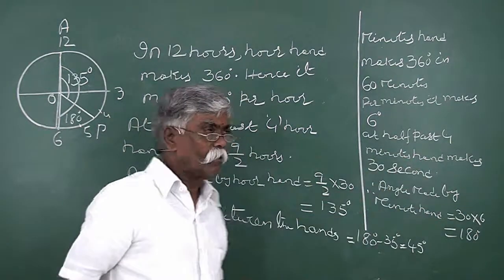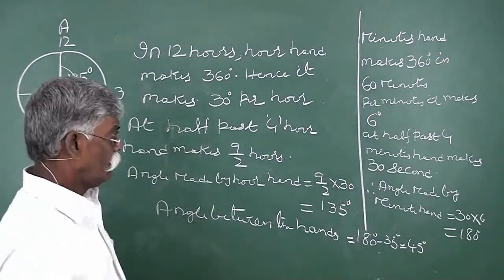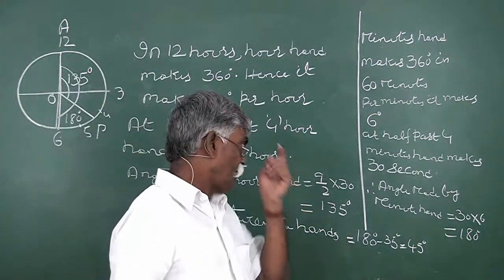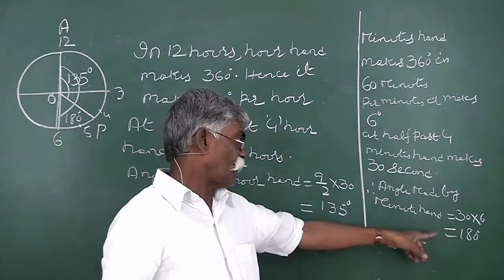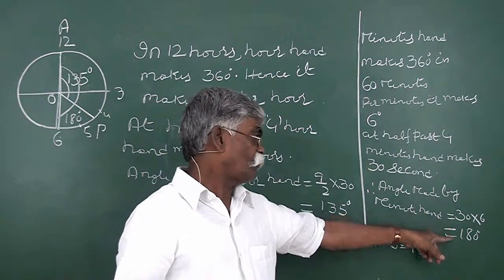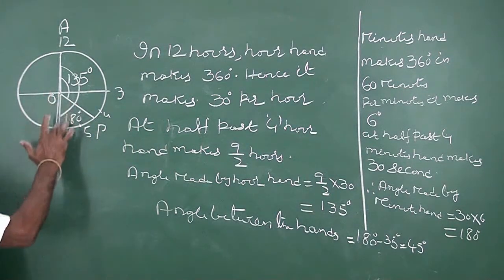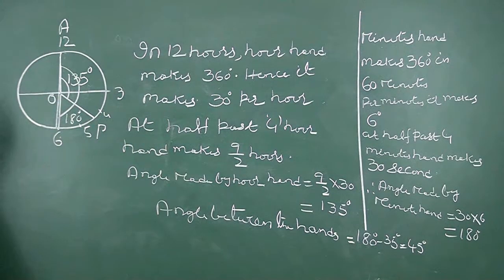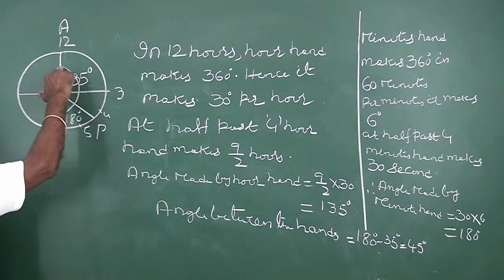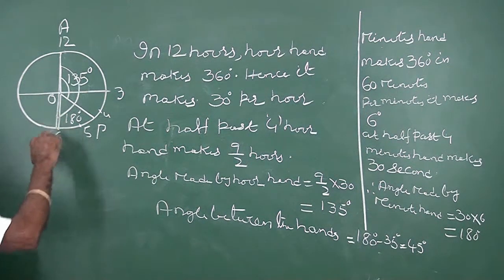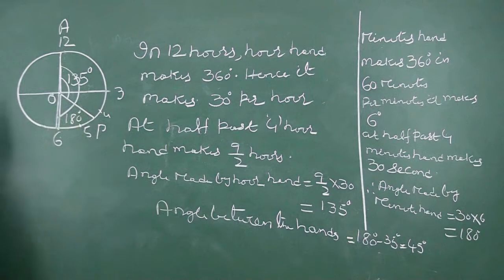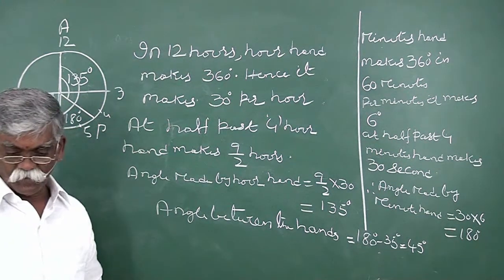At half past 4, it travels 30 minutes, and it makes 180 degrees. Even otherwise this is getting coincided with this, therefore the angle is 180. The angle made by the minute hand is 180, the hour hand is 135. The angle between them is 45 degrees.